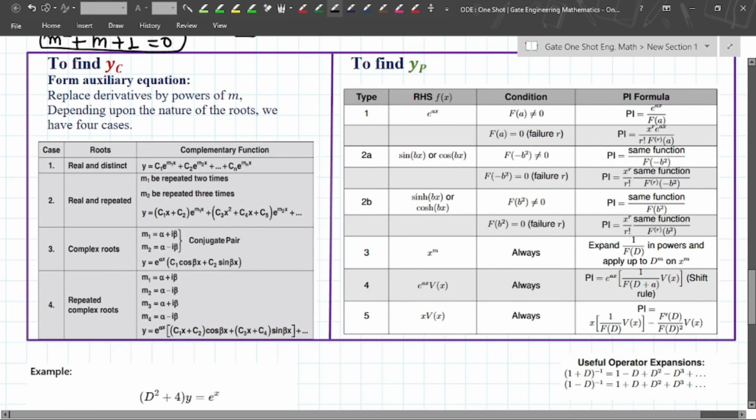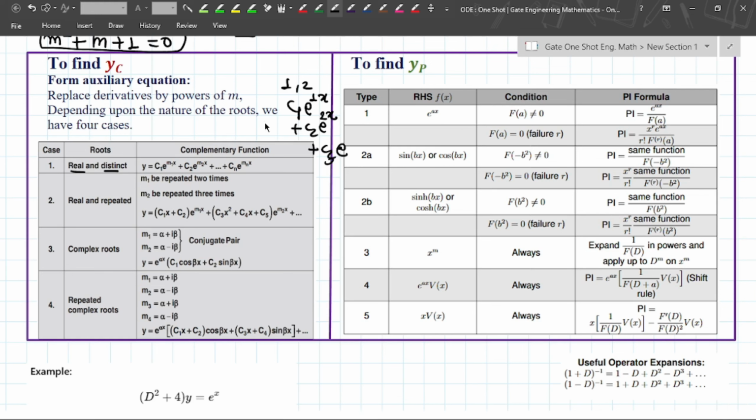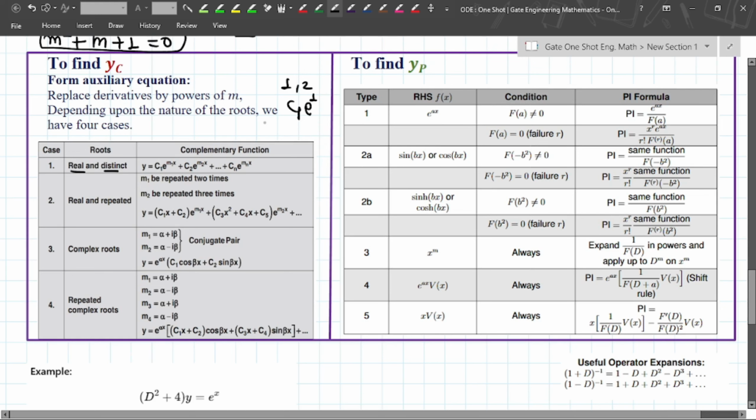The first case is that the roots are real and distinct, for example m1 and m2. Now the solution is c1 e to the power of m1 x plus c2 e to the power of m2 x. If there is a third root, then c3 e to the power of m3 x. This is for distinct and real roots.